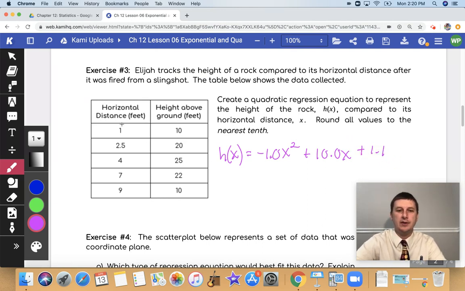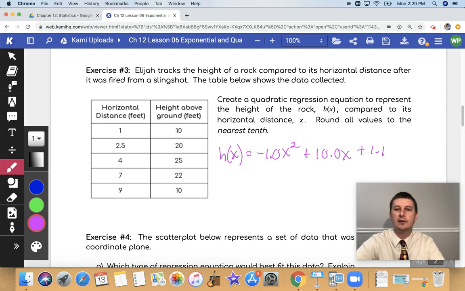So just using 5 pieces of information where we had the horizontal distance in feet from where that rock was fired from and the height above the ground it was at those marks, we were able to create an equation that very closely matches the path of that rock from the slingshot. So this is one very useful application of a quadratic regression equation.